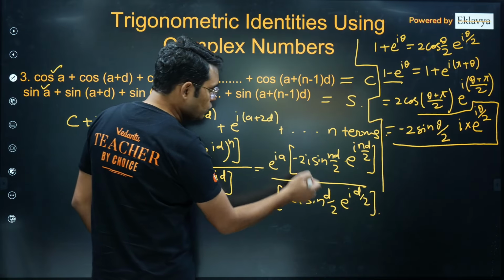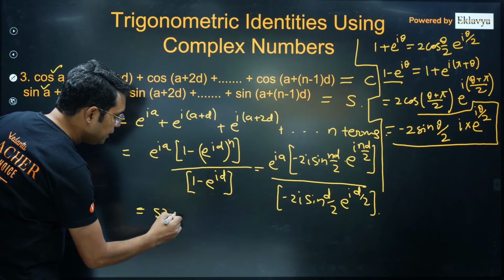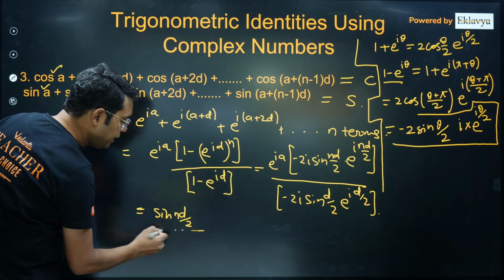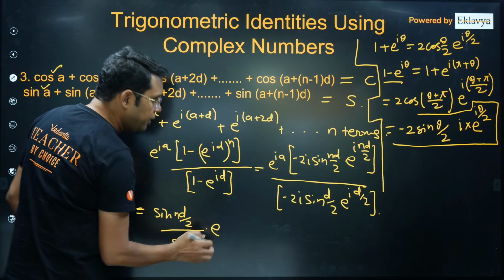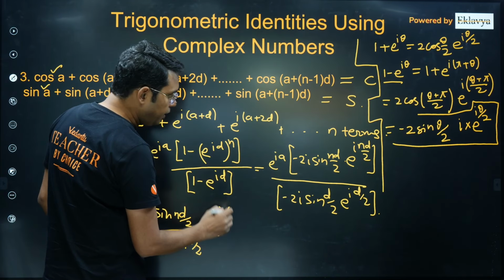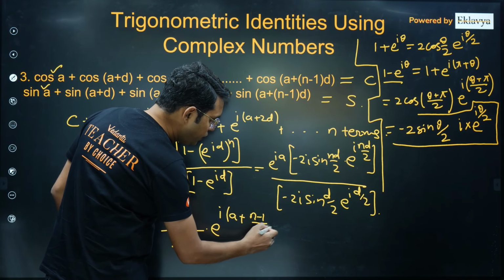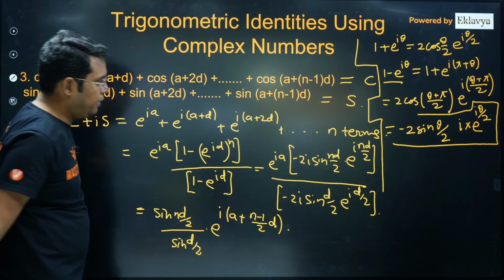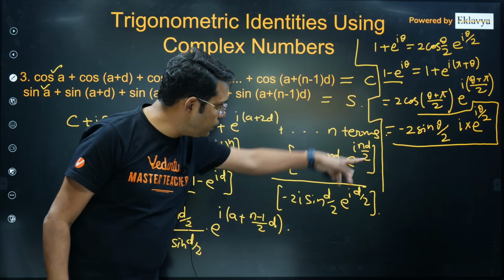Now you can see this 2i will get cancelled, and we are having sine(nd/2) whole divided by sine(d/2), and here if I club all the powers of e, it becomes e^(i(a + (n-1)d/2)). You can check, e^(i(a + (n-1)d/2)).